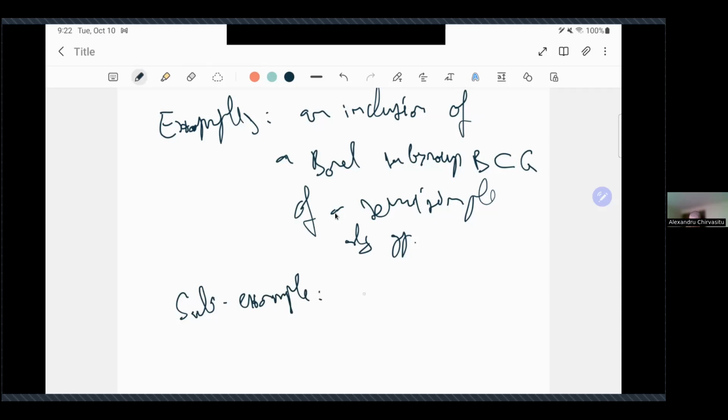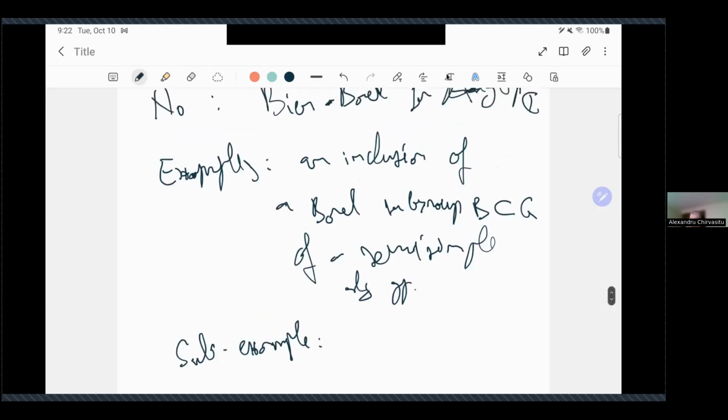Upper triangular. Another question in the chat. Is the result by Bien-Borel specific to algebraic groups over C, or is it true over any field? It's true over any field. Their results are not just over C. But also, this is not the result.